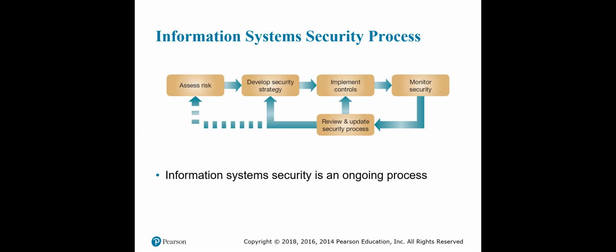Information system security involves four main tasks: assessing risk, developing a strategy, implementing controls, and monitoring the resulting security. The information system security process is an ongoing process that requires a frequent review and update as threats evolve too, right?